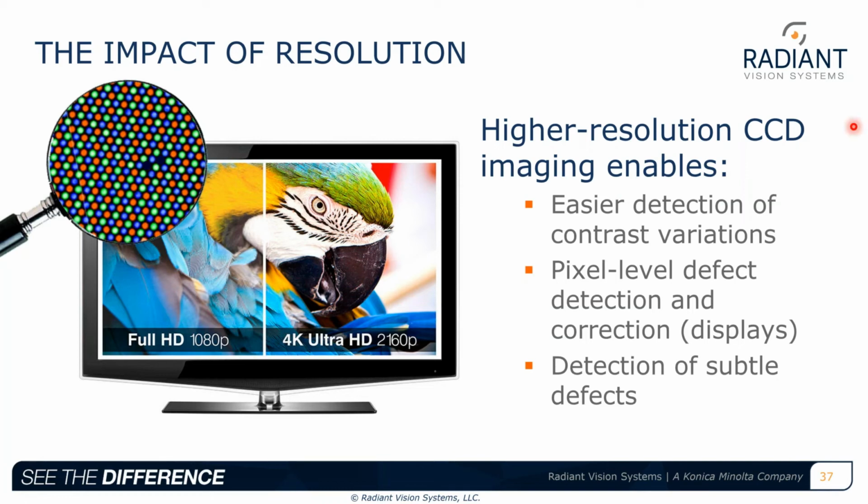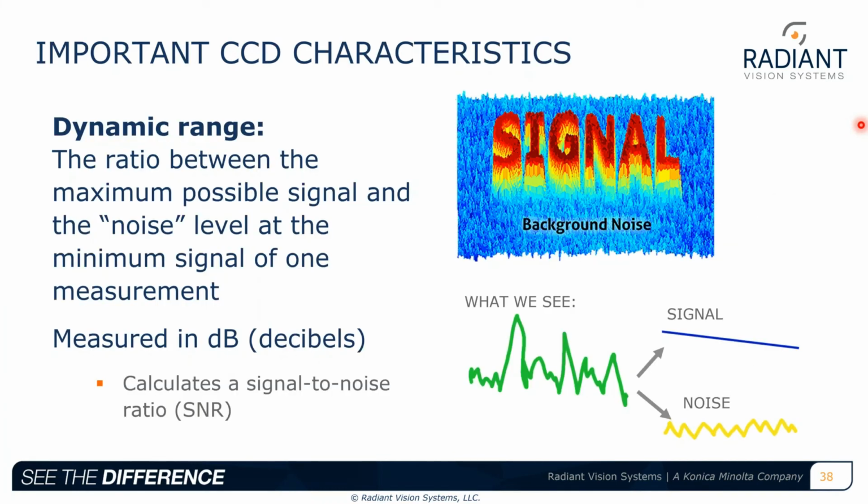In addition to resolution, another really important characteristic of CCDs that might not be as obvious is the dynamic range. At its core, dynamic range is the ratio between the maximum possible signal and the noise level in one measurement. This is typically measured in decibels, which is a log scale, and you want to calculate your signal to noise ratio. On the right here, we have a couple of little cartoons.